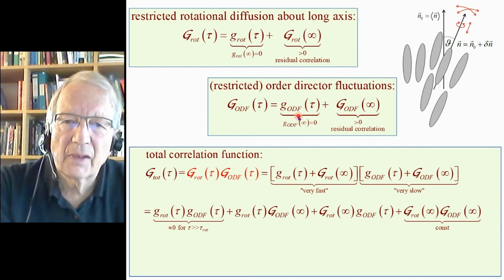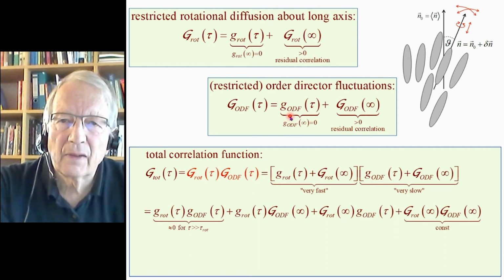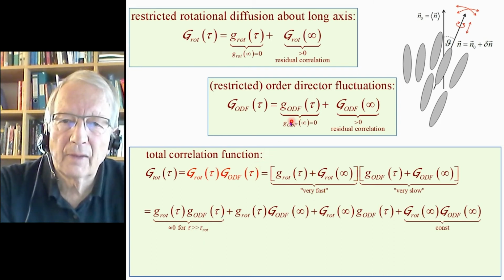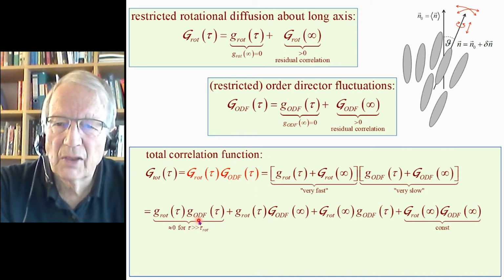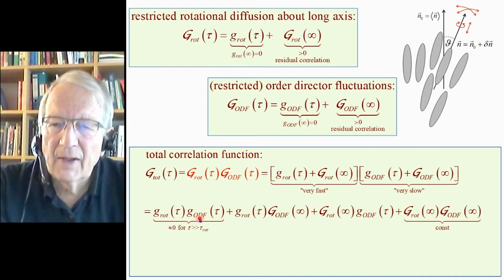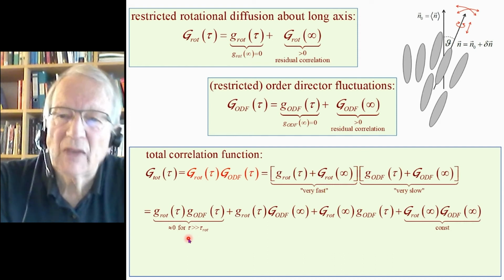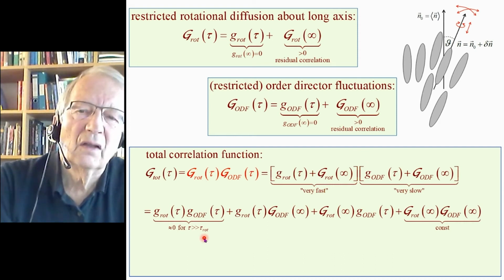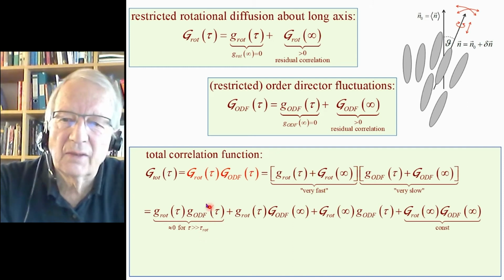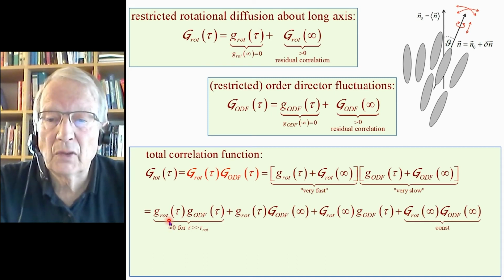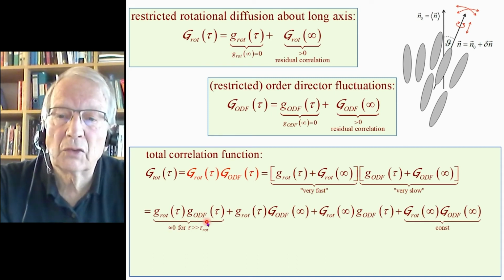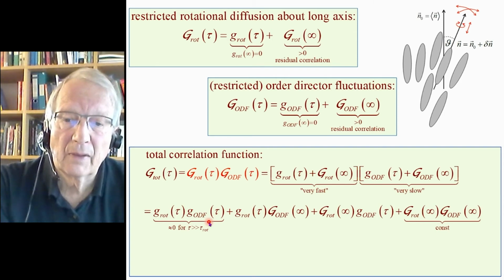The first term contains the lowercase functions g, characterizing rotational diffusion and g, order director fluctuations. If we restrict ourselves to a time scale much longer than rotational diffusion, then we can neglect this, because the correlation function for rotational diffusion will decay to 0 before these order director fluctuations become relevant.